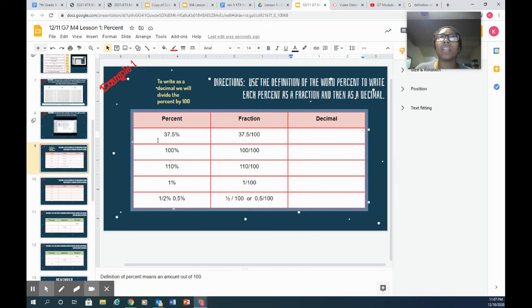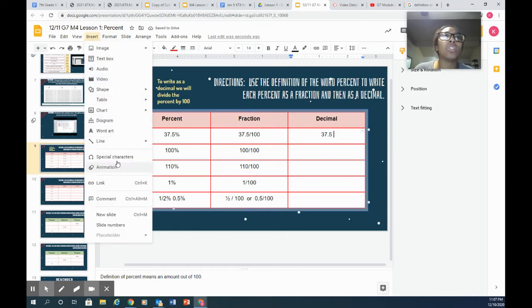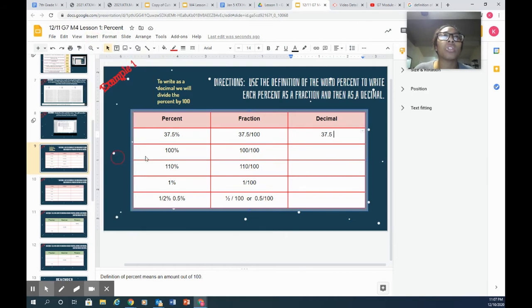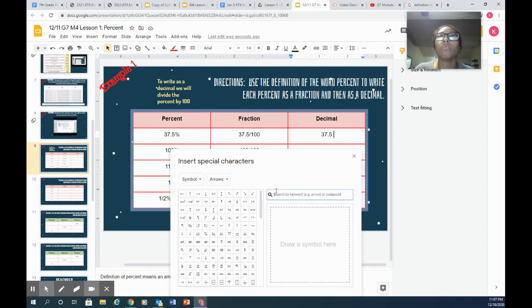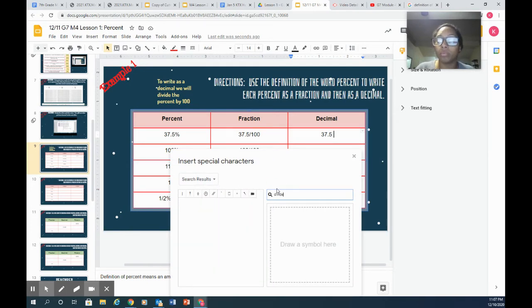So let's look at this. We've got 37.5 and we're going to divide it by 100. Let's insert that division symbol. So we're going to go to special characters, type in the word divide. Sometimes it comes up if we just do divvy.